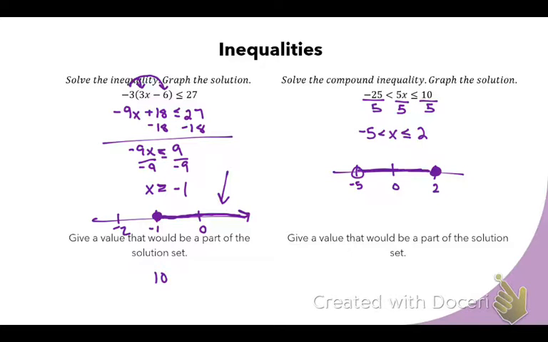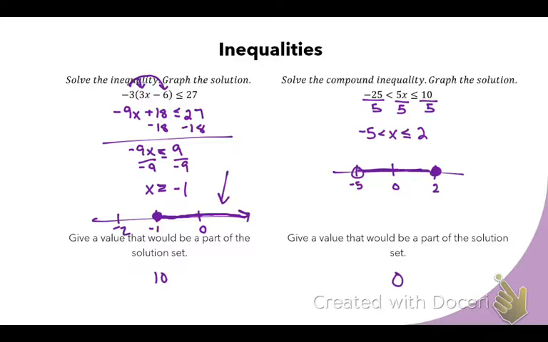Which leads me to the next question. What is a value that would be a part of this solution set? 0. What else? 2. 2 would be a part because it can be equal to 2. 1, -3. What about -5? No, -5 is not because it's an open dot. It must be greater than -5.